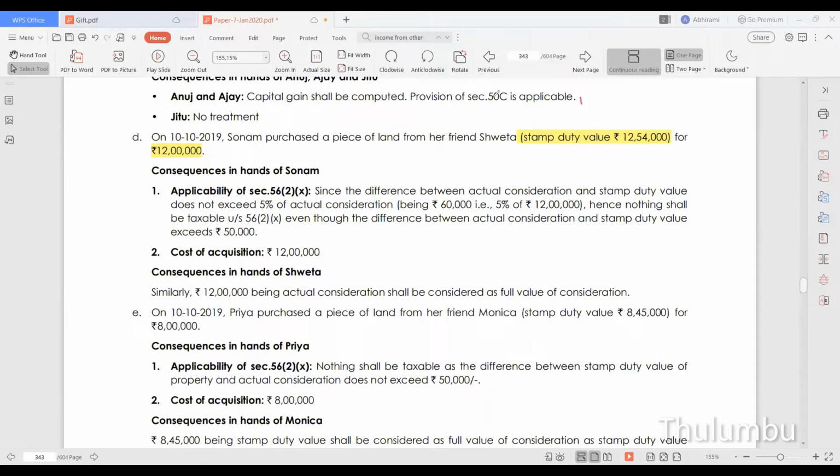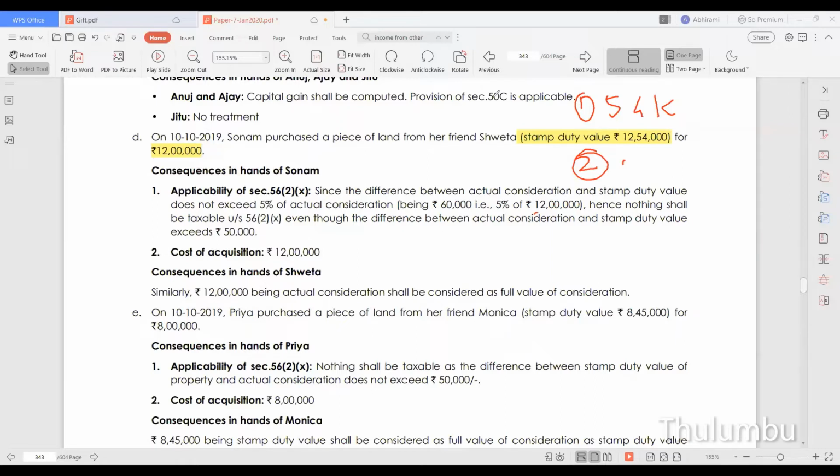12,54,000 minus 12 lakhs is 54,000. அடுத்த step number 2. So step number 2 is either 5% of consideration or 50,000, whichever is higher.